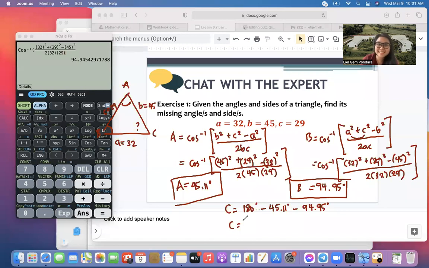Any answers? There, I've seen in the chat box. 39.94, very good. So we have 39.94 degrees. You now have your 3 angles. Any questions?